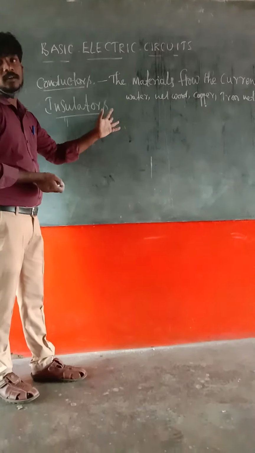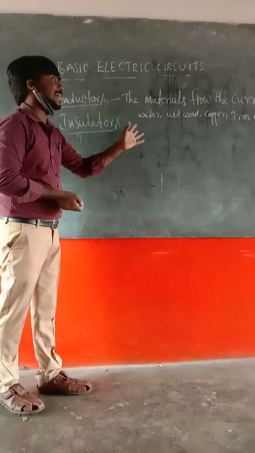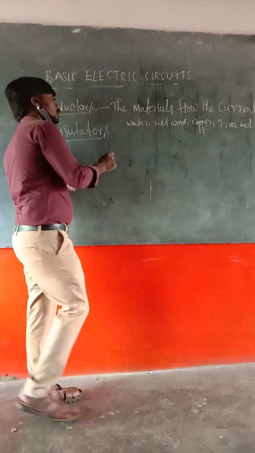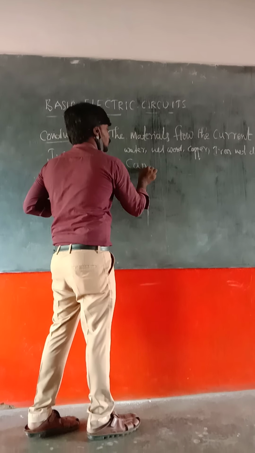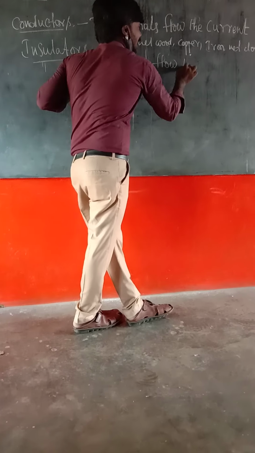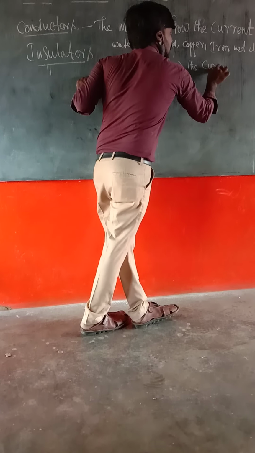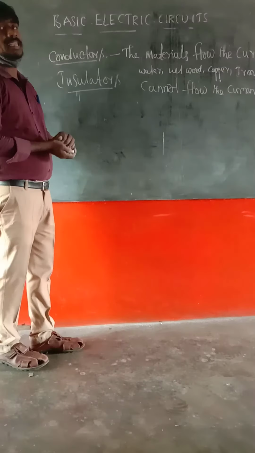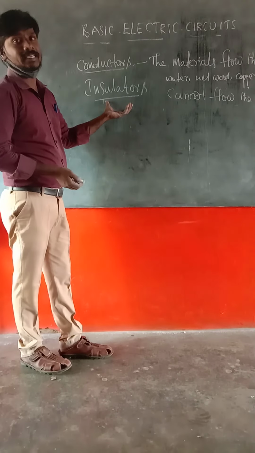And insulators are different. The materials or substances that cannot flow the current, or electricity, or electrons are called insulators.